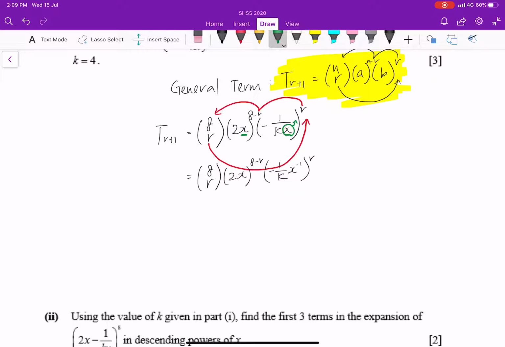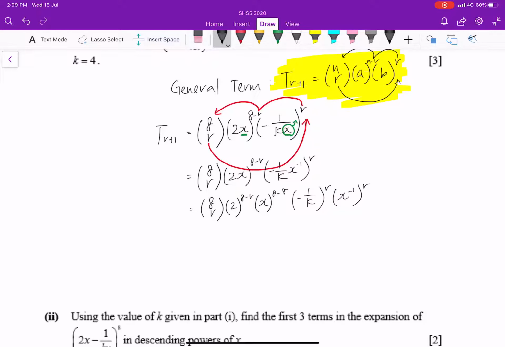I'm leaving the k at the denominator. From here we're going to split up all the numbers and all the x. So this is 8Cr, 2 to the power of 8 minus r, x to the power of 8 minus r. If you notice, I split up the 2 and the x. I'm going to split up the minus 1 over k to the power of r and x to the power of minus 1 to the power of r.